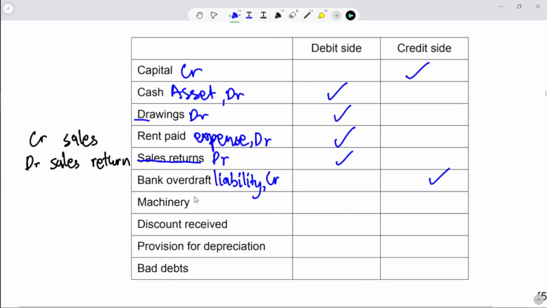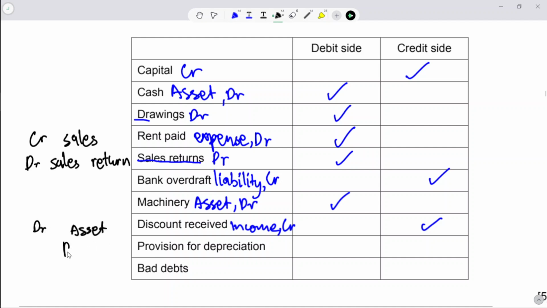Machinery is an asset, so we debit. Discount received is income, so we credit. For asset we debit, right?